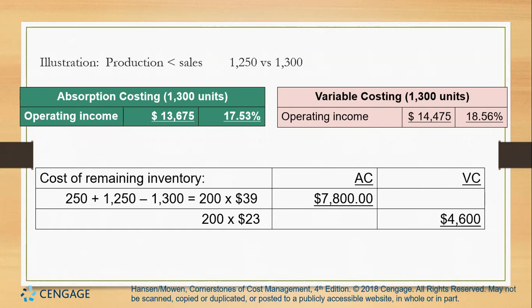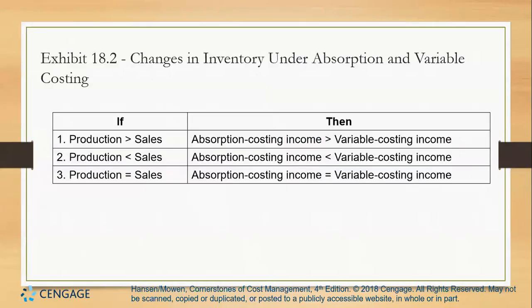Under absorption costing, it's at 39. Under variable costing, it's only at 23. So there's a difference in the inventory values due to the items to be included or excluded.